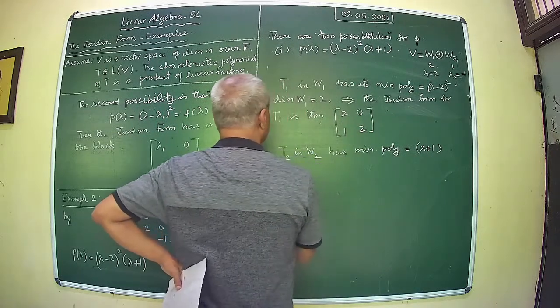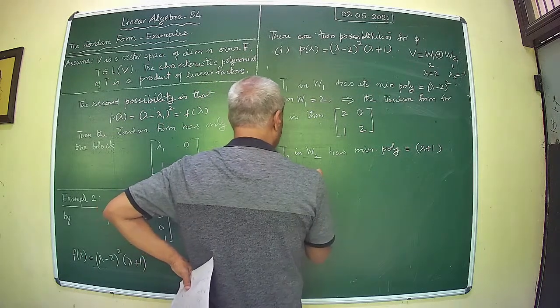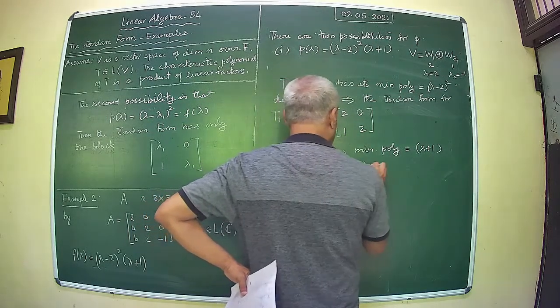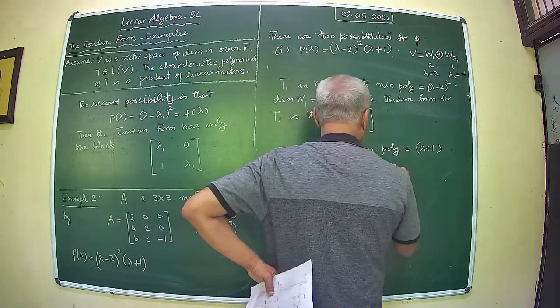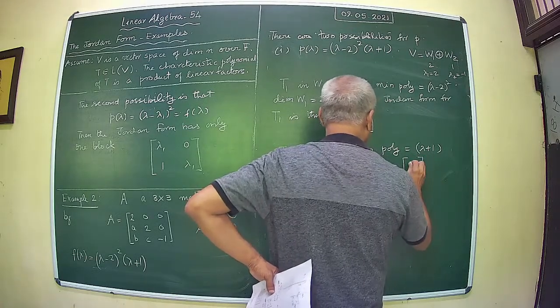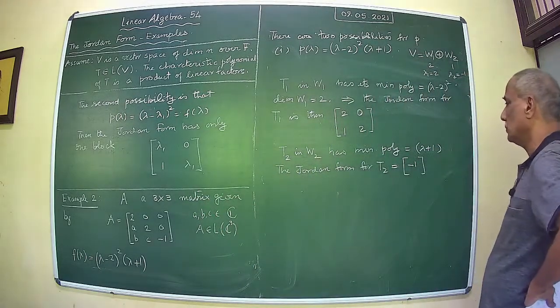Therefore the Jordan form for T2 equal to minus 1.